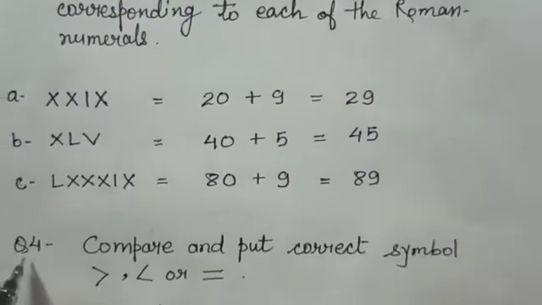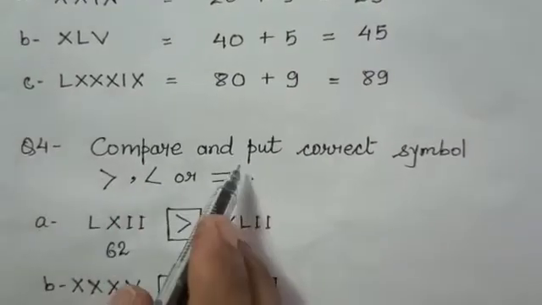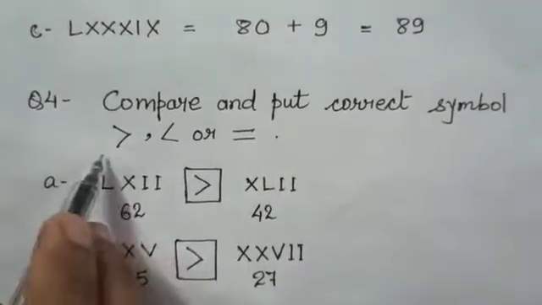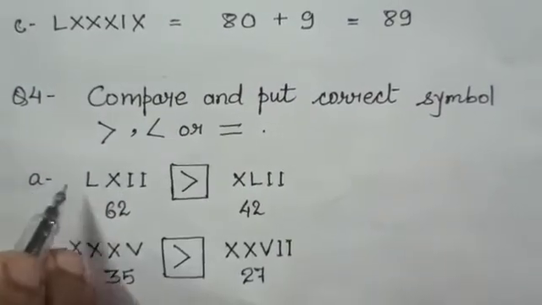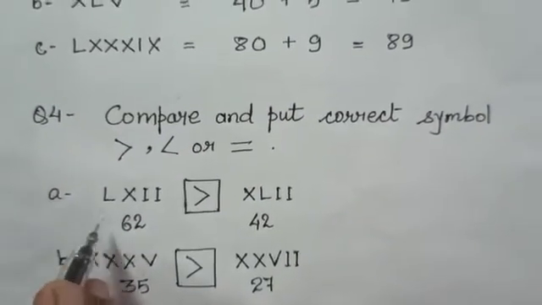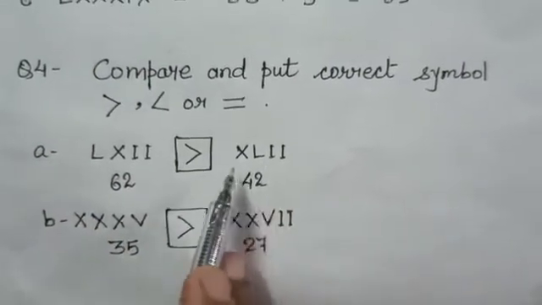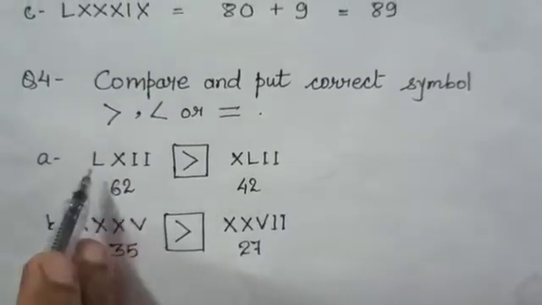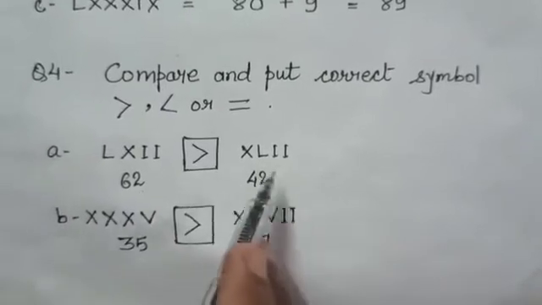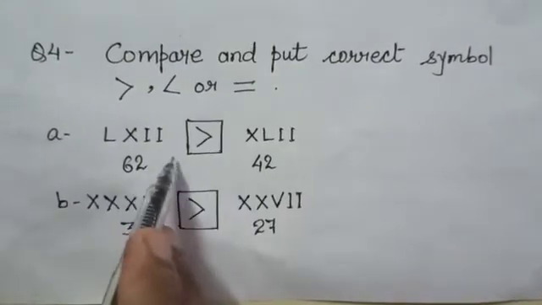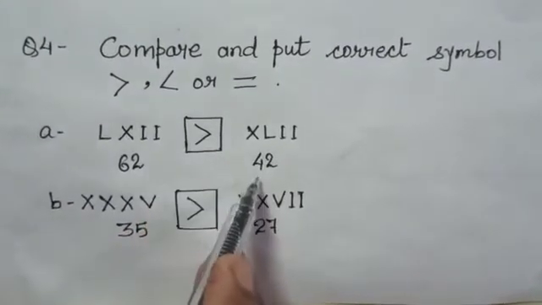Now see question number 4. Compare and put the correct symbol. Greater, lesser or equal. Number A. Left side it is given LXII. Right side XLII. So LXII is 62. XLII is 42. So 62 is greater than 42.